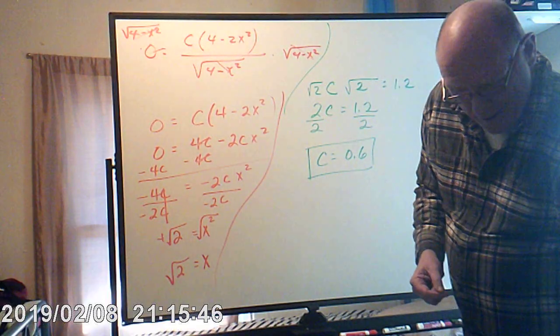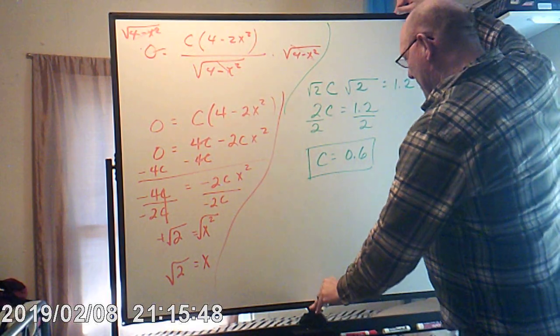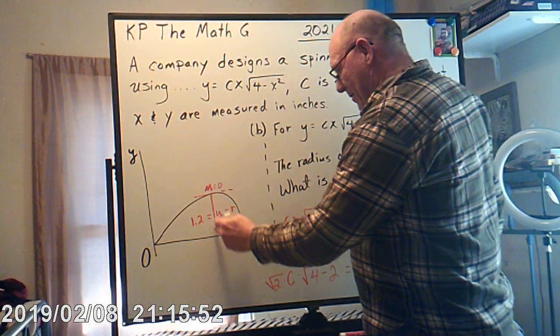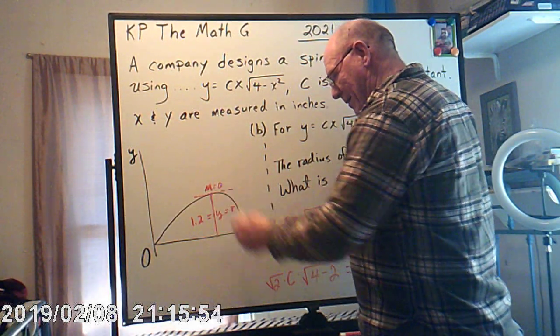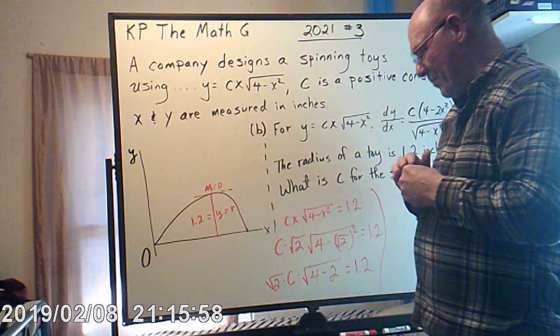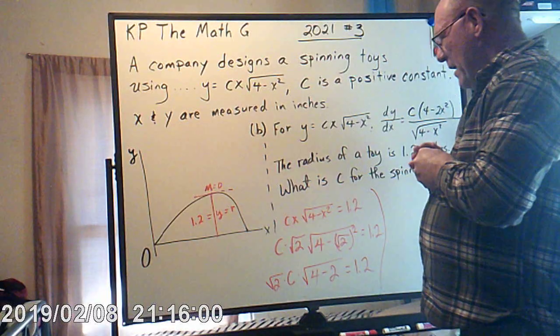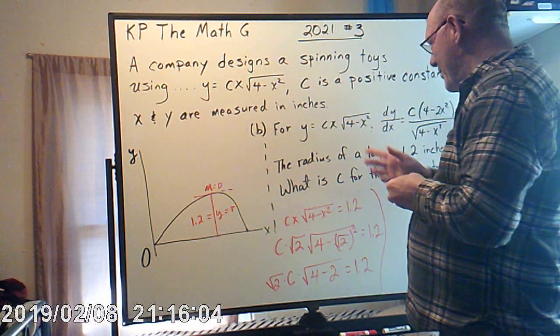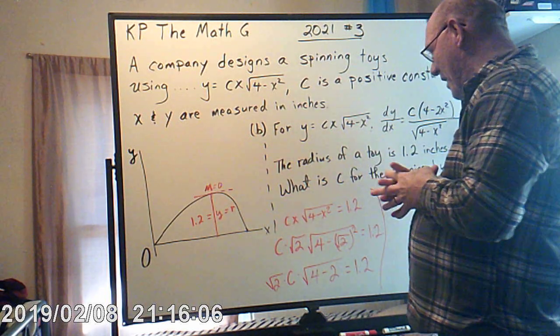That's what c needs to be when you have this highest point right here. c needs to be equal to 0.6. Okay, so it's going to always be positive.